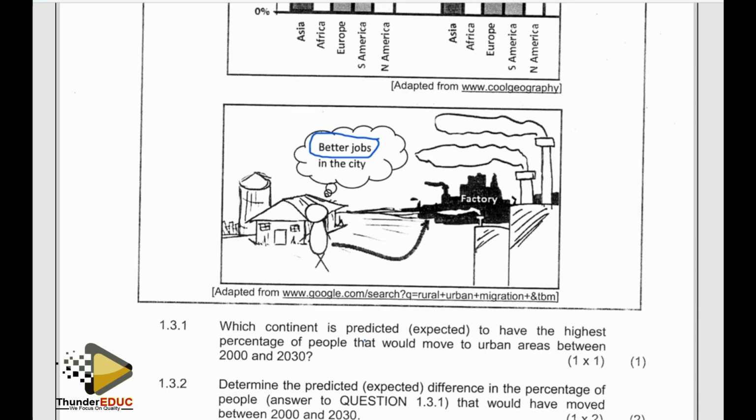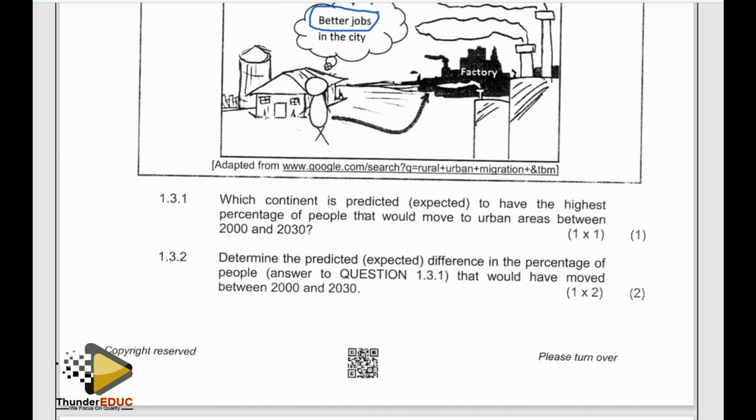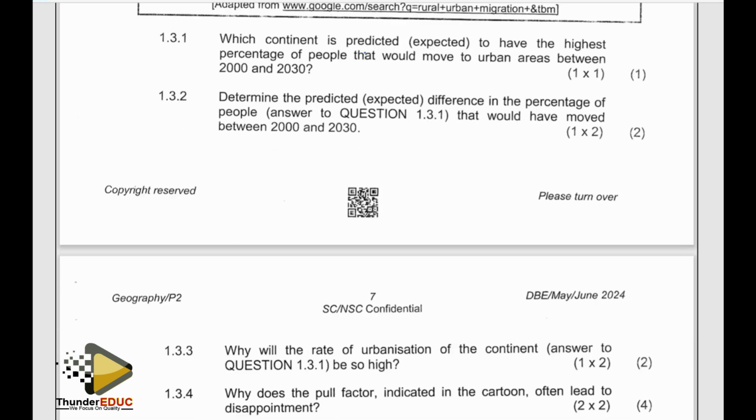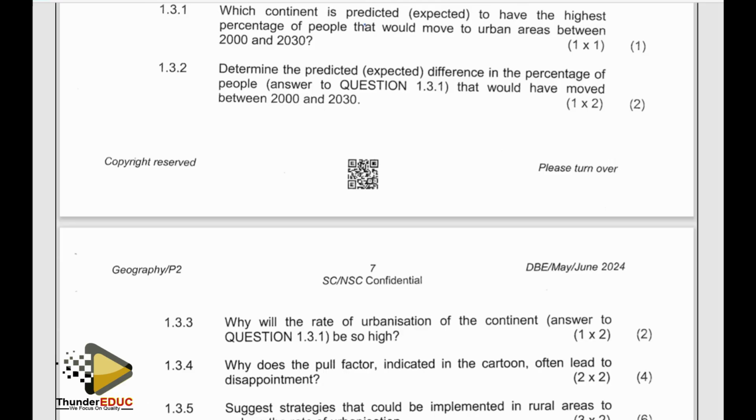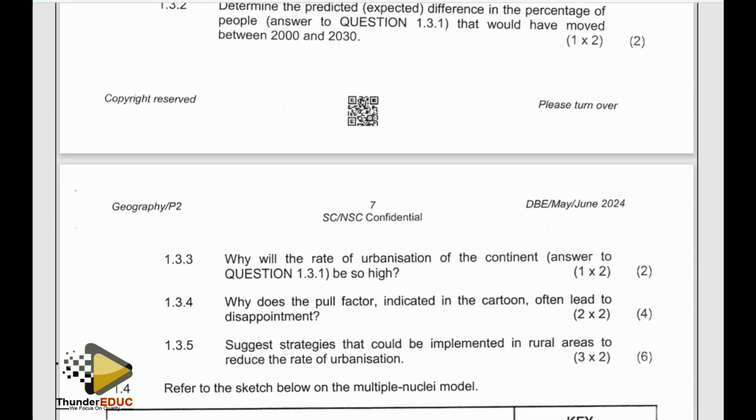But the question is saying it will lead to a disappointment. How then will someone get disappointed given that they are having high hopes in them securing a job the moment they get to the city or the moment they get to the nearby town? How will it become a disappointment to such a person who has got such high hopes?